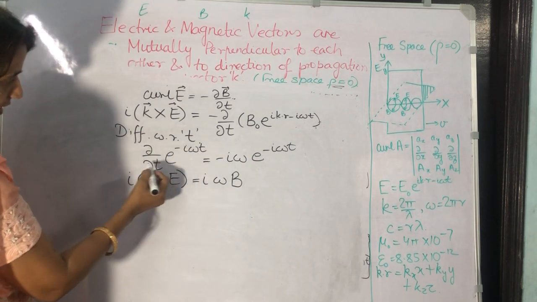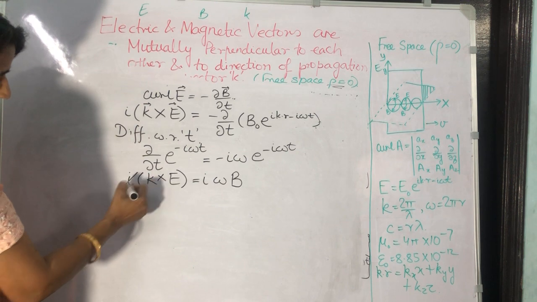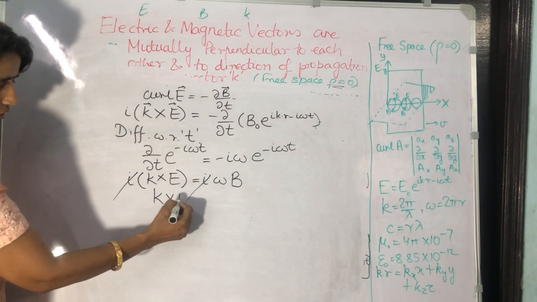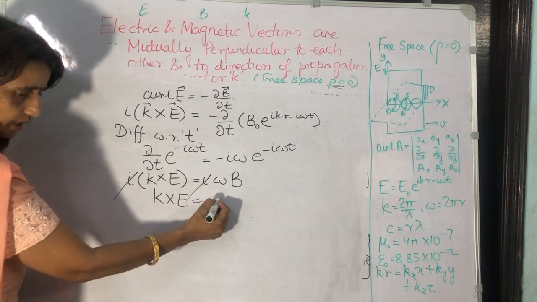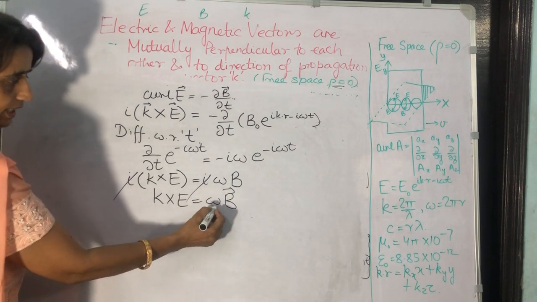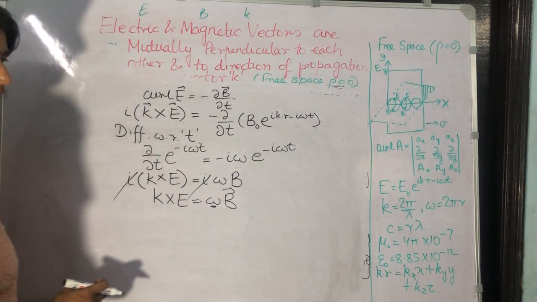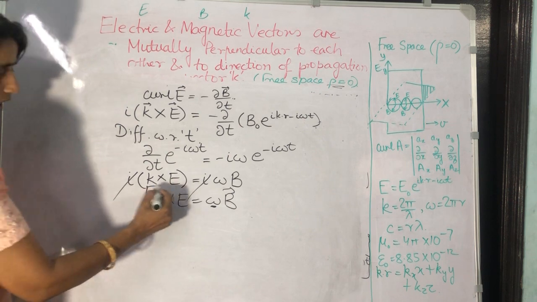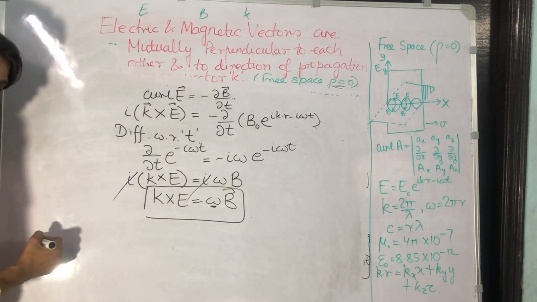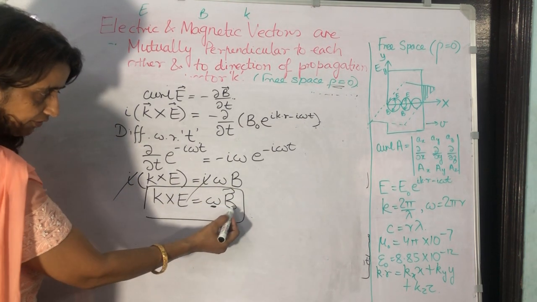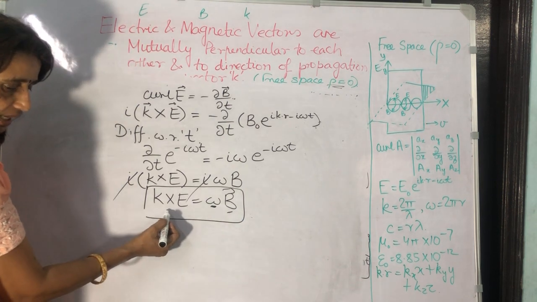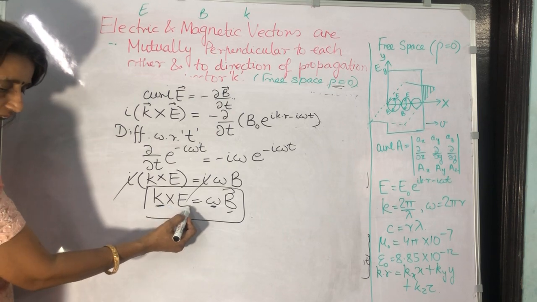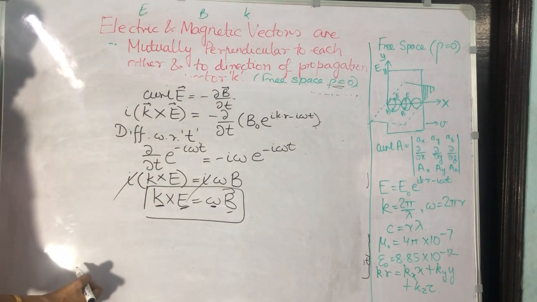Your minus and this minus sign have got cancelled, and you are left with K cross E is omega B. Omega is angular frequency, which is given by 2 pi mu. So what is this expression proving? K cross E equal to omega B proves that the magnetic field vector B is perpendicular to both the propagating vector K and the electric field vector E.